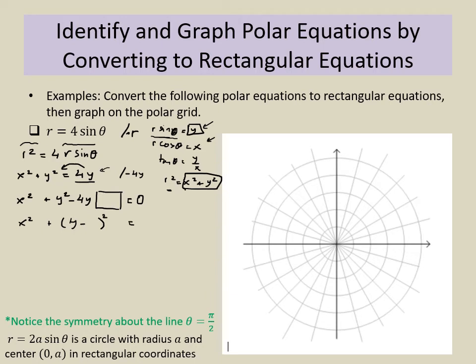That's the standard form of the equation. x minus h squared, in this case h is going to be 0, plus y minus k squared, we still don't know what this k is, equals r squared. This is our goal, to make the equation look like this, because that's the equation of a circle. So that is why we need to complete the square here, so we can get a perfect square down here.